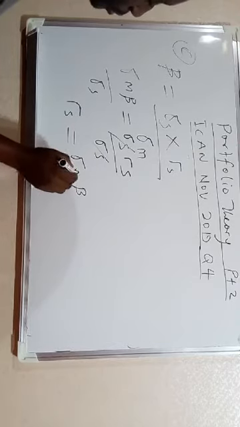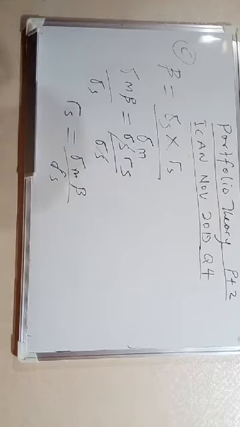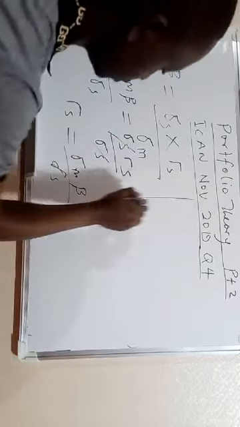This will cancel, so correlation of the security equals the standard deviation of the market times beta, over the standard deviation of the security. So this is the formula.